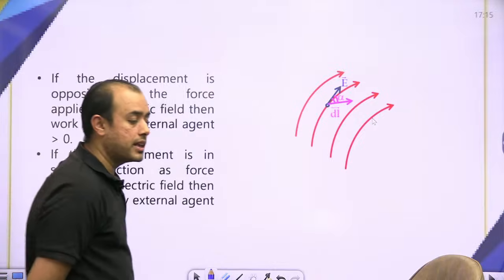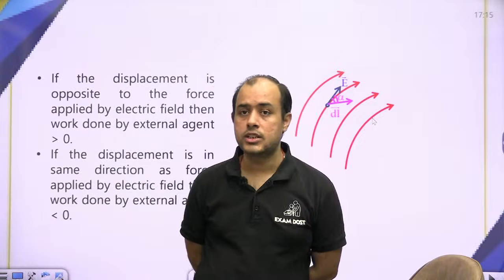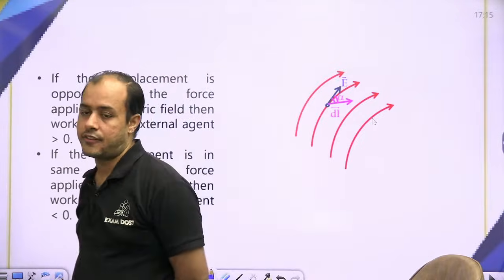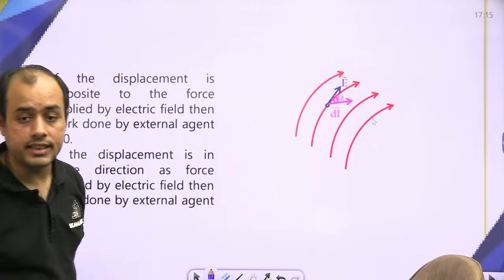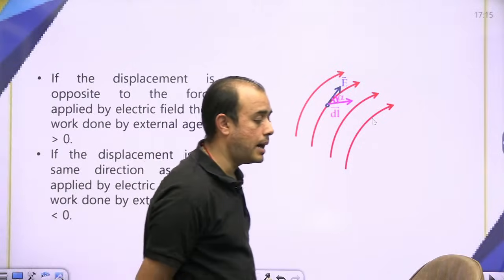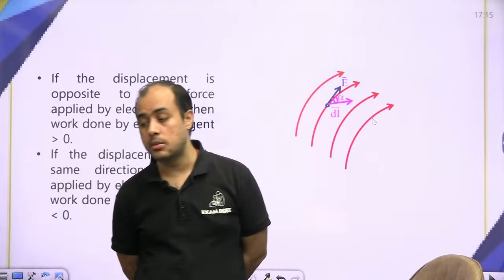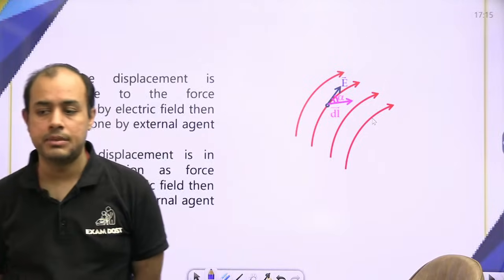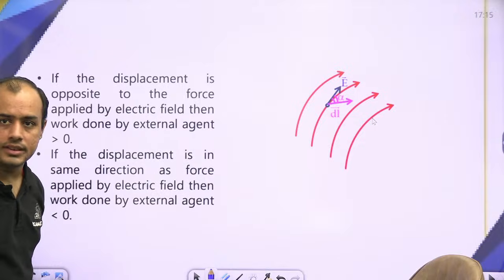So now beta, if the displacement is opposite to the force applied by electric field, the work done is positive. अगर आप इलेक्ट्रिक फील्ड से अपोजिट, जो उसका नेचुरल मोशन है उससे अपोजिट कराओगे काम, तो आपका वर्क डन पॉजिटिव आएगा.